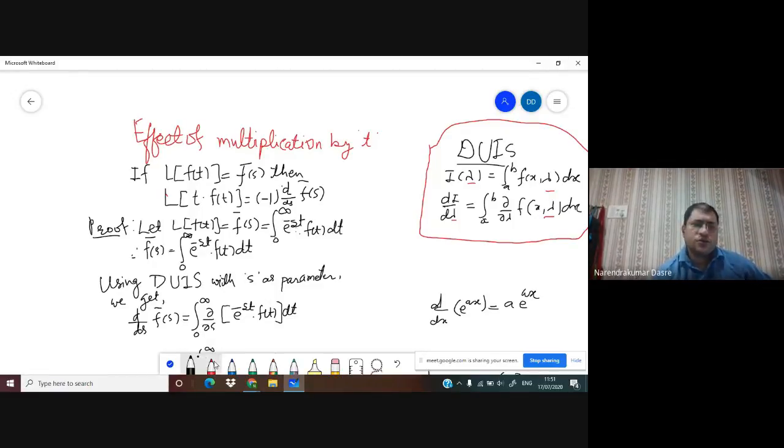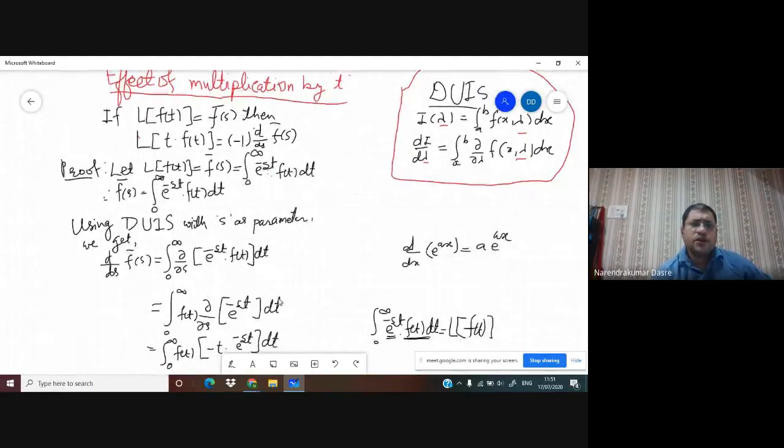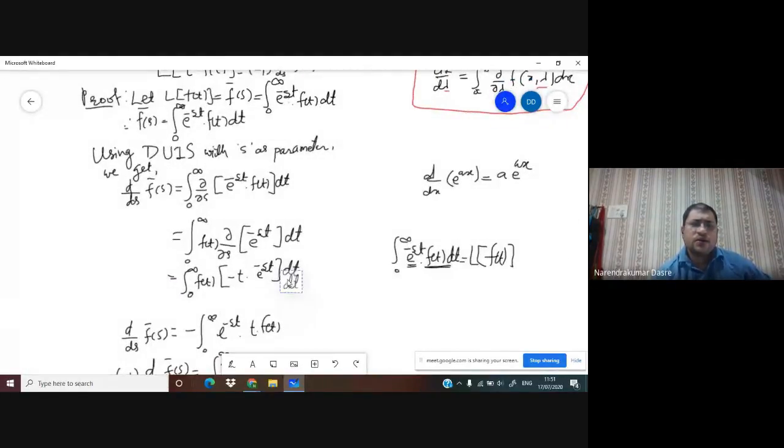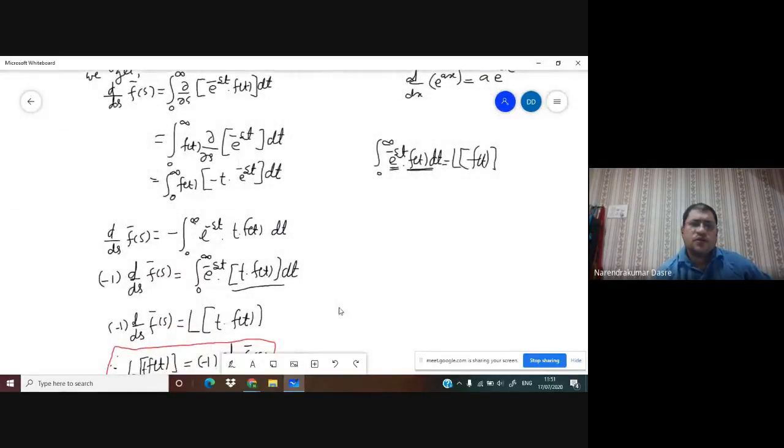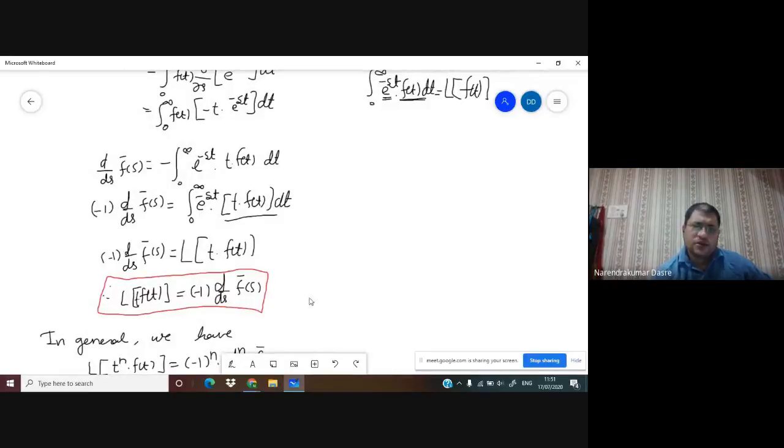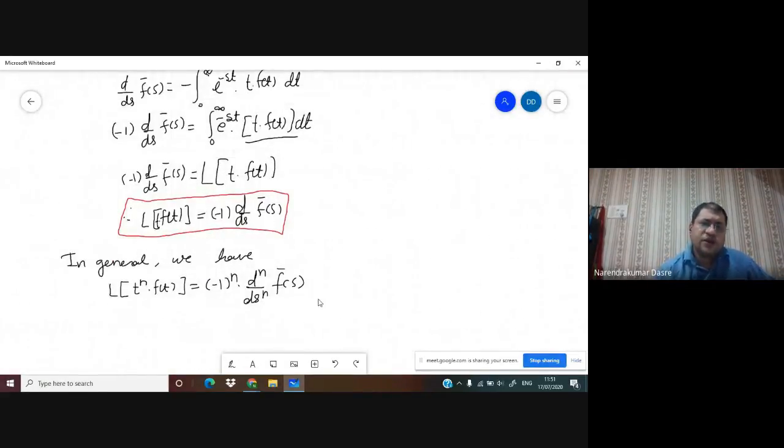So this is going to be the effect of multiplication by t on the Laplace transform. So I hope you have got this idea. Here we have calculated the Laplace transform of t into f of t, and also we have generalized that result.